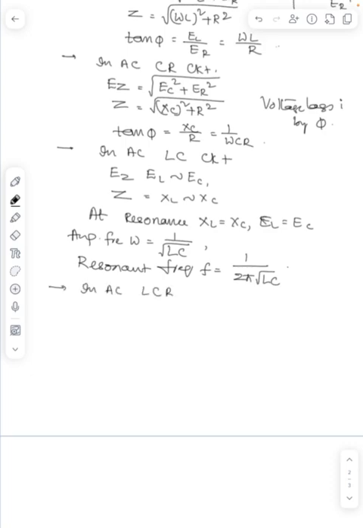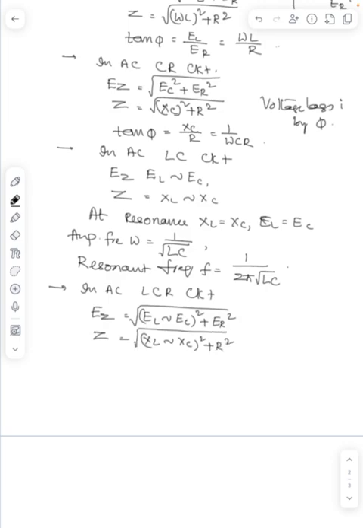In an AC LCR circuit, E Z equal to root of E L difference E C whole square plus E R square and Z equal to root of XL difference XC whole square plus R square and tan phi equal to XL difference XC by R. If XL is greater than XC, it acts as an LR circuit.